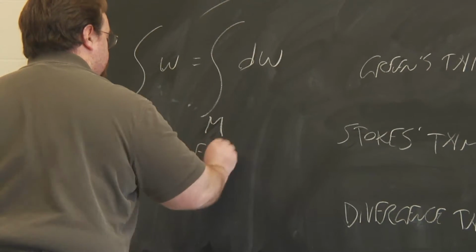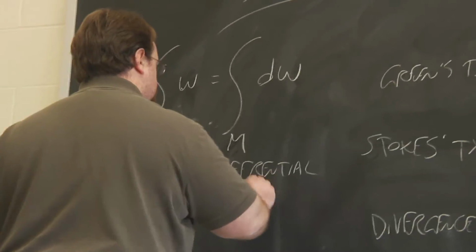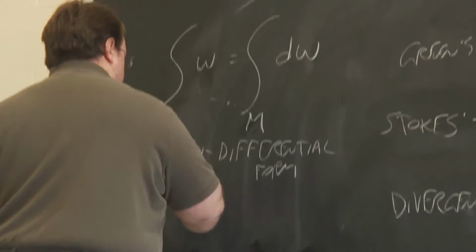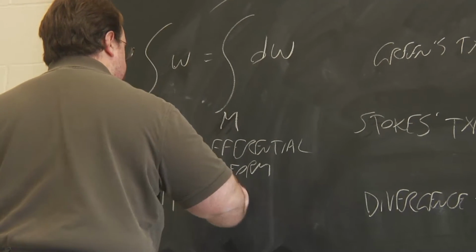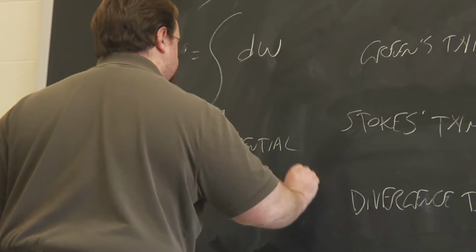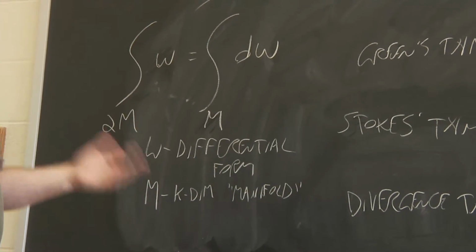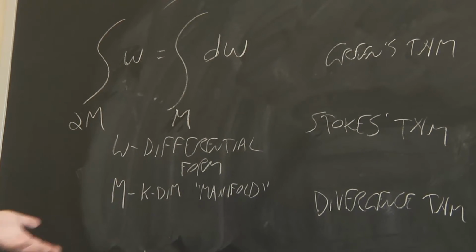That if omega is a differential form and M is a k-dimensional manifold, and I won't get into what manifolds are in this class, but basically 1-dimensional is a curve, 2-dimensional is a surface, 3-dimensional is a solid.